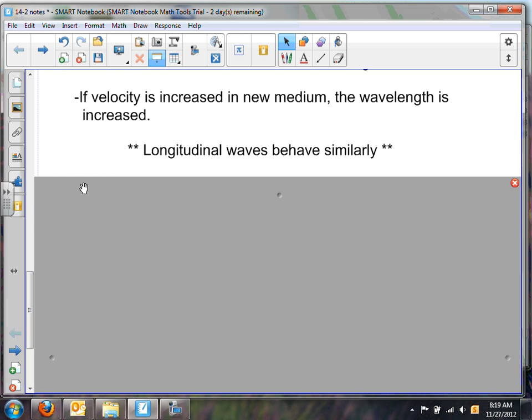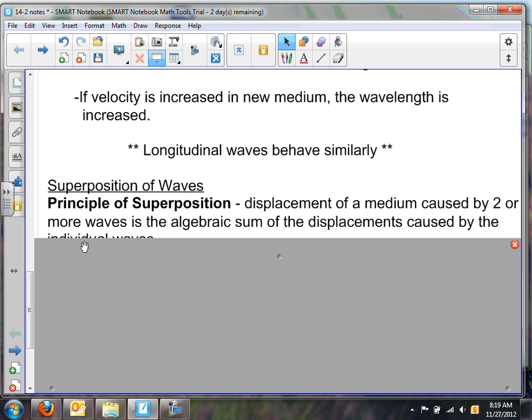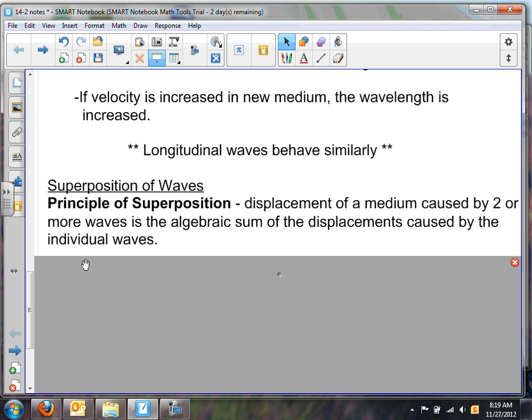Now let's look at superposition. The principle of superposition just says the displacement of a medium caused by two or more waves is the algebraic sum of the displacements caused by the individual waves.